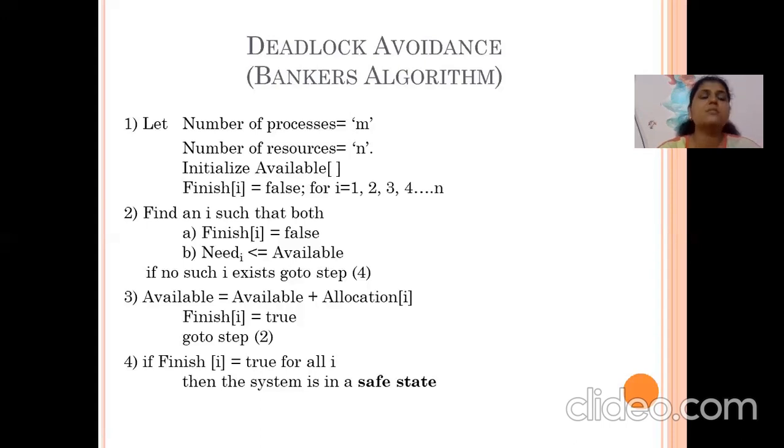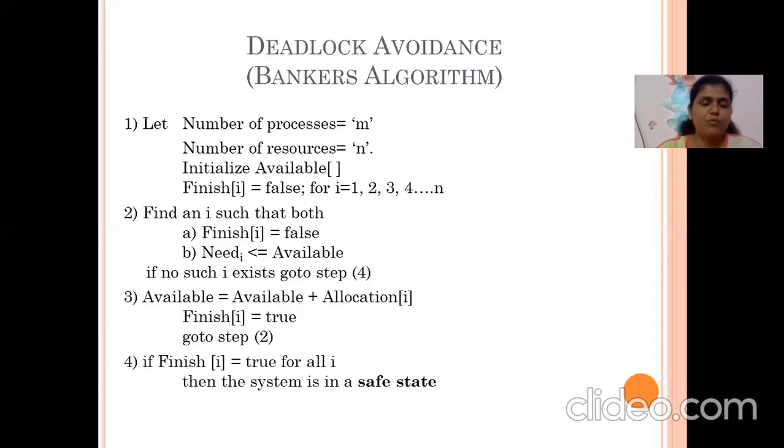Then again, control will be transferred to step 2. We will identify such a process whose execution is not done yet and whose need can be satisfied with the available resources, and it will be executed. It will update the available matrix, and change its status of execution to true, and so on. This happens till we do not find any such process whose execution is not yet done and whose need can be satisfied.